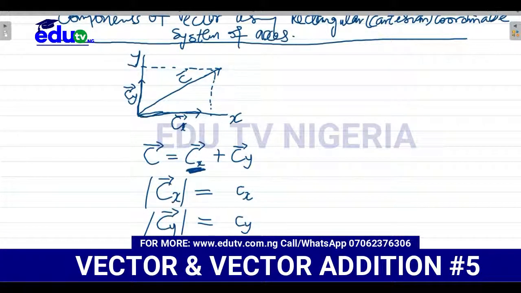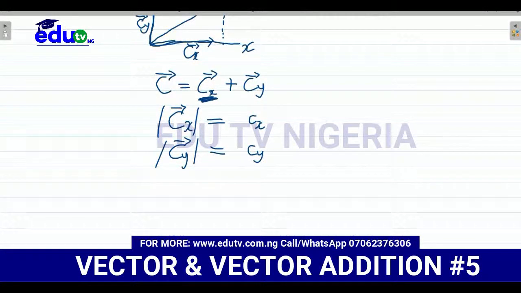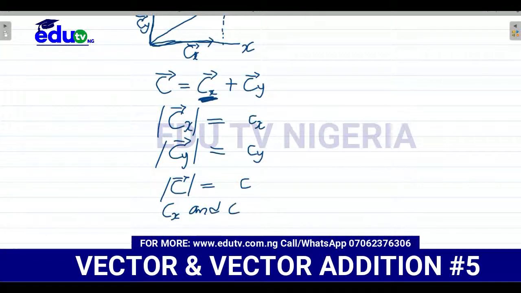So therefore, the magnitude, the resultant, gives us C. So the components of a vector in a Cartesian coordinate system are given to us as Cx and Cy.